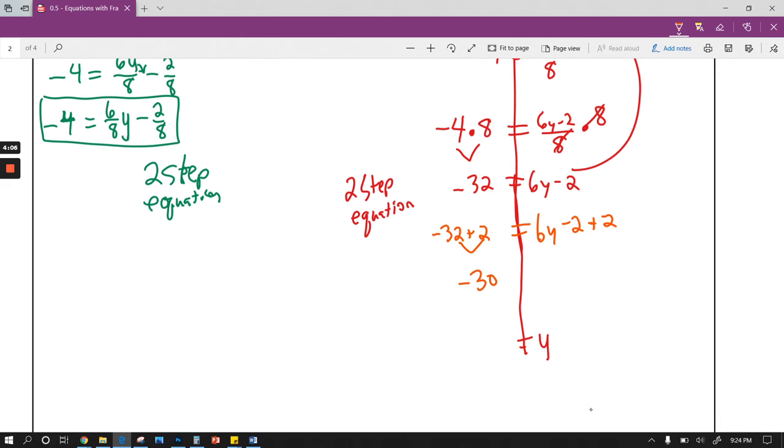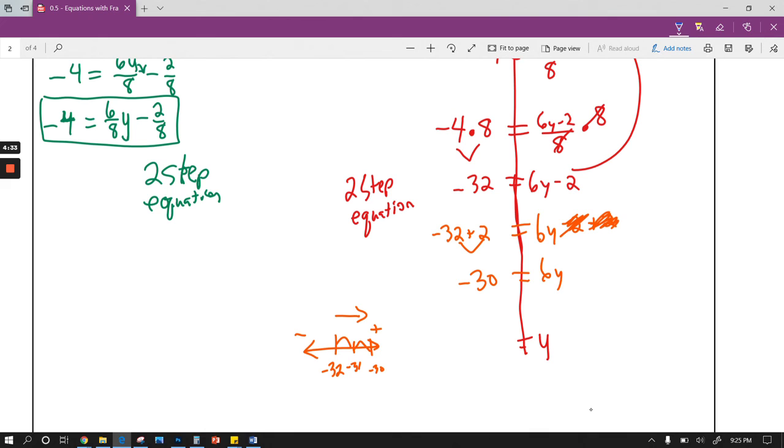-30, because remember, on our number line, positives are on the right, negatives on the left. So if we're starting with -32 and we're adding a positive number, we're going to go that way. -31, -30. So -30 is equal to 6y. Our minus 2 and plus 2 are going to cancel out.